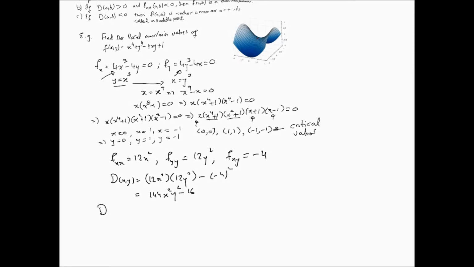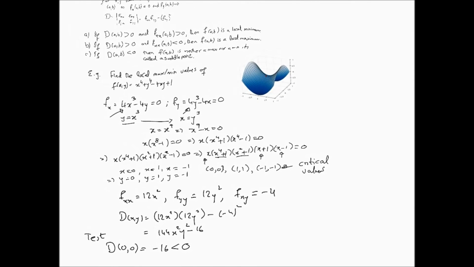So let's now test (0, 0). So D of (0, 0) is equal to minus 16, which is less than 0. Let's just quickly look at our criteria. Here it is.